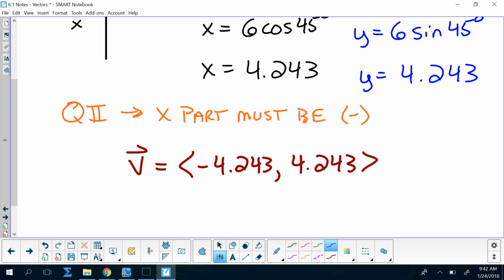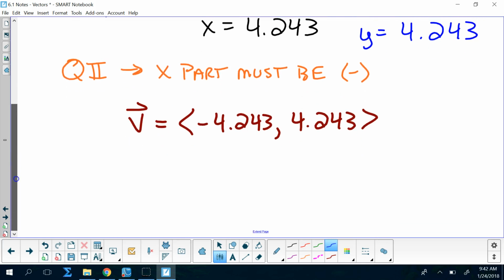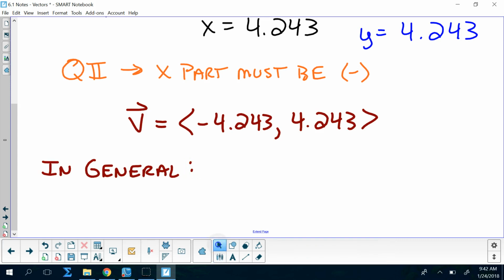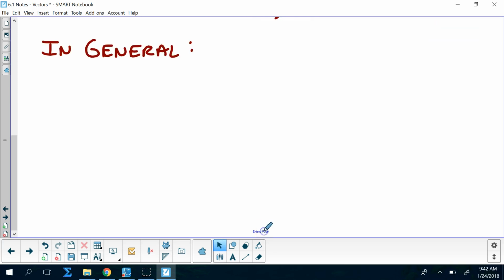Okay. Now, in general, if I need to find the component form of my vector, given the magnitude and the direction, I could find my reference angles and do all that stuff and then have to adjust.